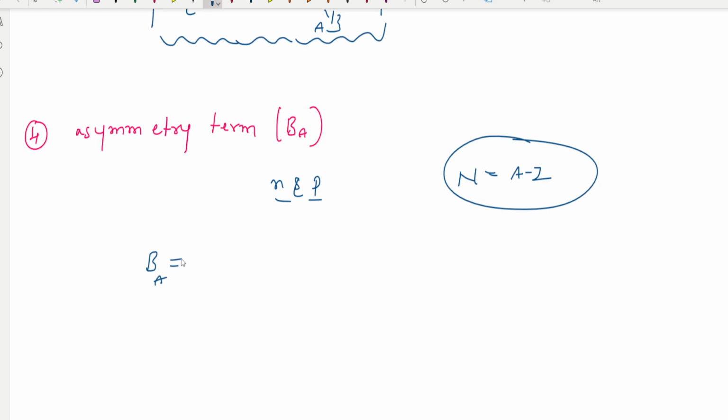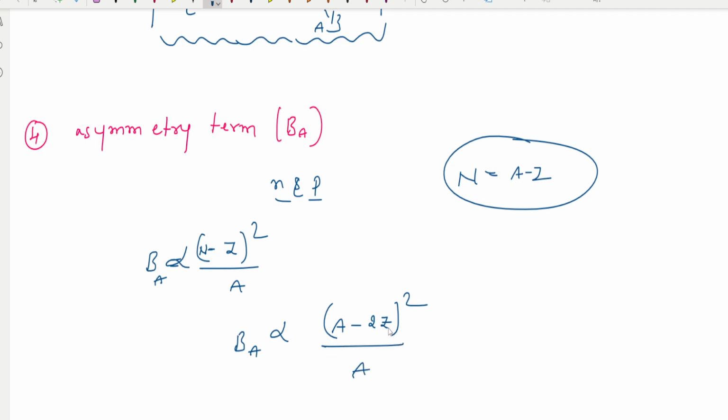The asymmetric binding energy is proportional to N minus Z whole square divided by A, or else proportional to A minus 2Z, because in place of N you use A minus Z, and then you can get the term Z squared divided by A.